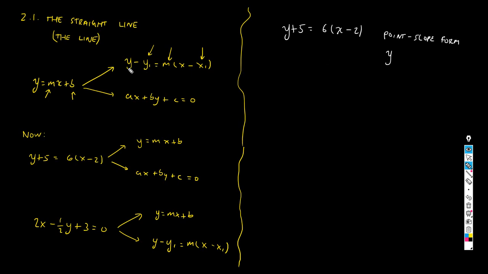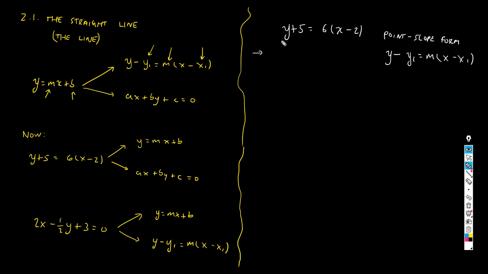It begins with a y, and then it has a minus, and then it has this constant equals slope, which is a number, times x minus another constant. And if you notice, this equation, even though it resembles this a lot, is not precisely in that way. So if I want to put this in precisely the point slope form, I'm gonna have to make a change right here, guys.